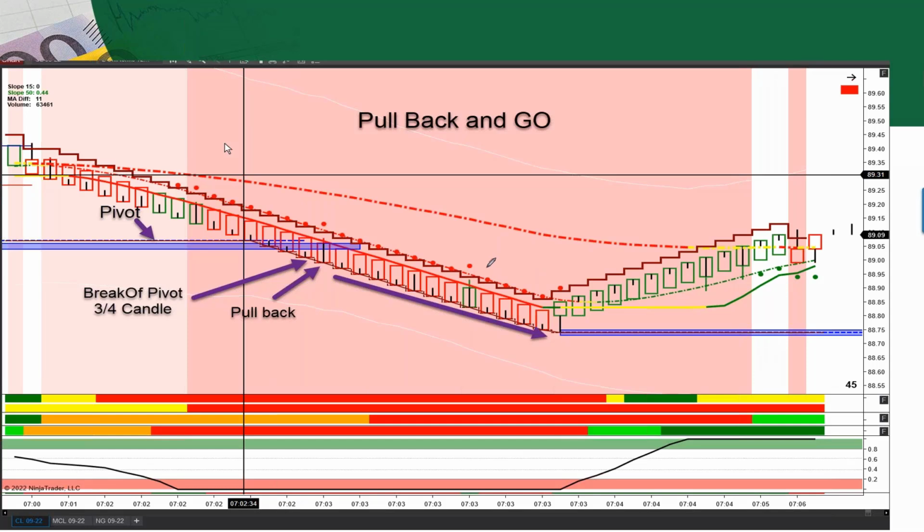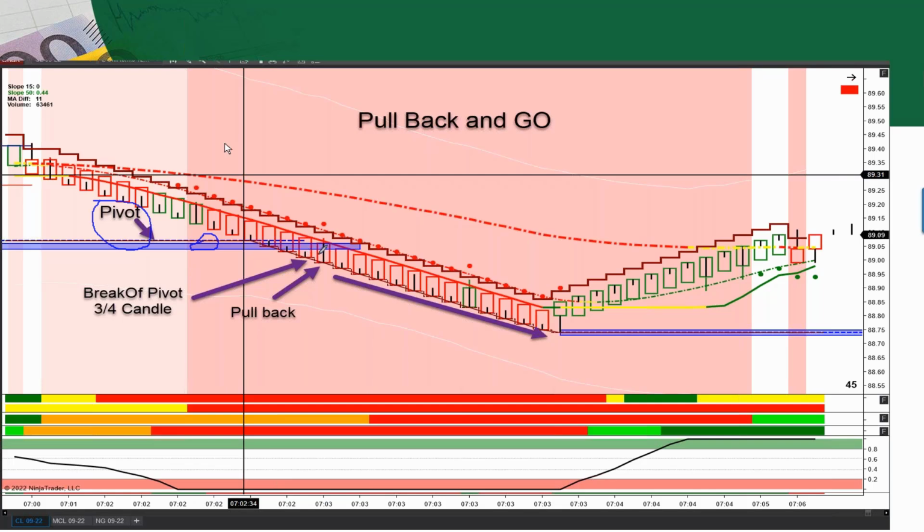Okay, so this is the pivot here, and the shaded area is higher time frame support. So the market's coming down, it hits the pivot, it breaks the pivot by 3/4 of a candle.